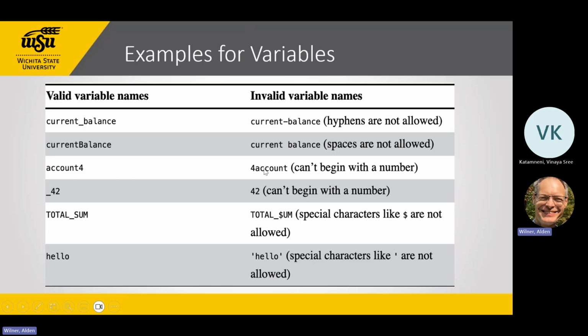Account for account is legal, this is not. Underscore 42 is legal. We all know that 42 is the meaning of life, the universe, and everything, at least if we're old people that have read Douglas Adams. 42 by itself is not a valid variable name. Total sum is valid. Total underscore dollar sum is not allowed.